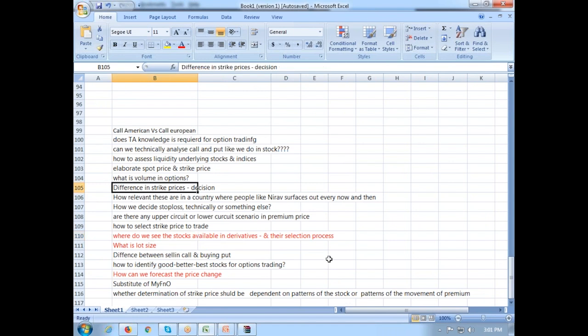Difference in strike prices and their decision. Same answer. The exchange does it. The exchange can change it. Like last month DLF had a strike price difference of 5 rupees. This month it has 10 rupees. Last month Vedanta had a strike price difference of 20 rupees, 10 rupees. This month it has a strike difference of 10 rupees.